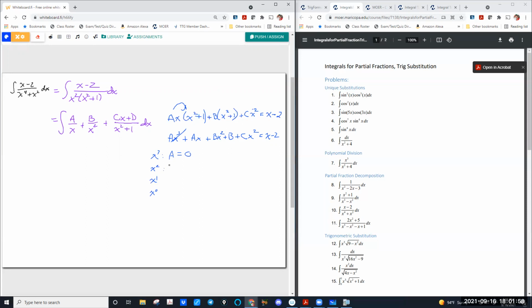We just have to account for the possibility it might be there. The x squared, we have B, B plus C, and there's no x squared terms, equals 0. X to the first, we have A, which we already know is 0.